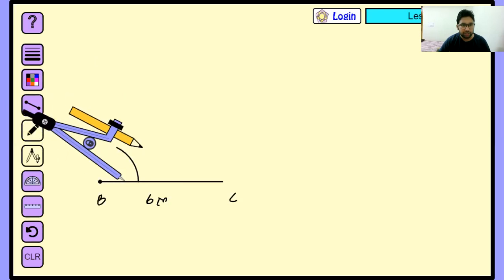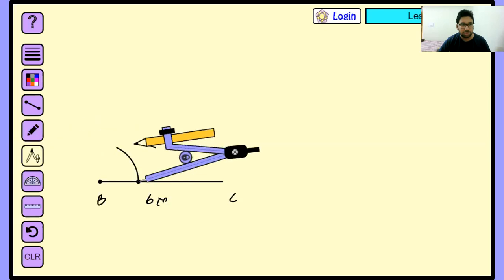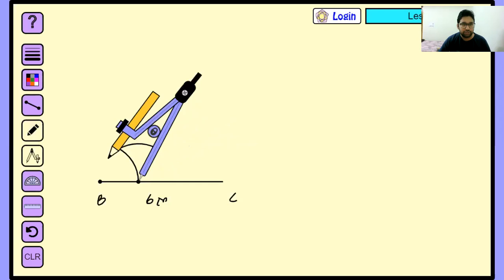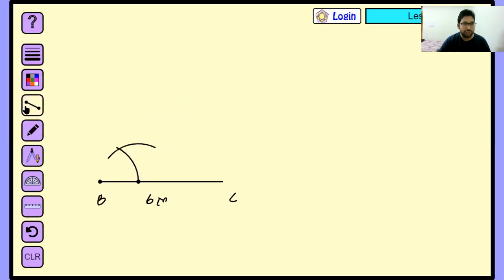Now keeping it here, I will take another arc. Finally, we have the angle. I think again we will have some issue, but let's see what is good for us. Now I have this as, suppose, X.